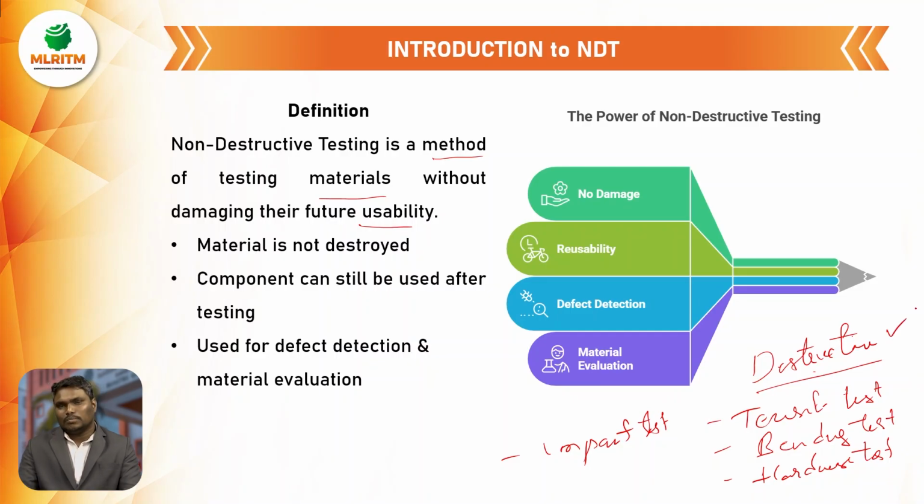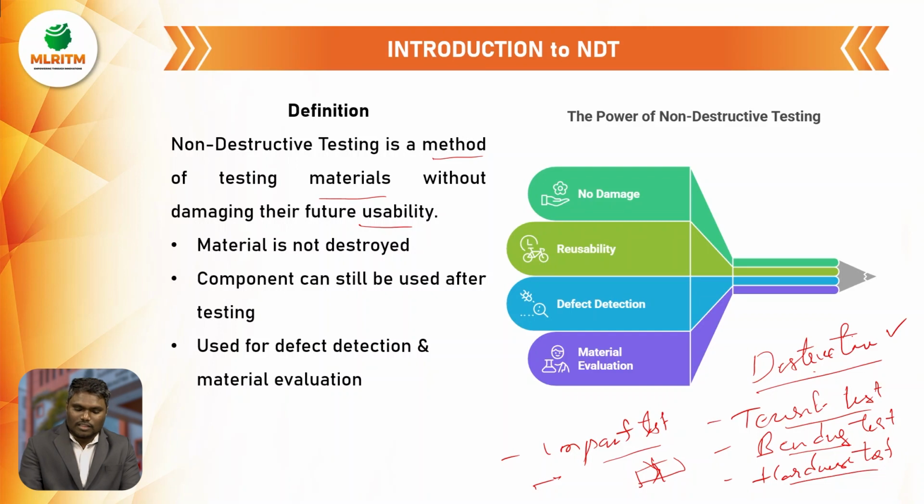That means the material is destroyed in some form in order to find out its properties and to know the behavior of the material. In the tensile, bending, hardness and impact tests and other processes, the material is broken into pieces, and the properties are found out after the destruction of the material.